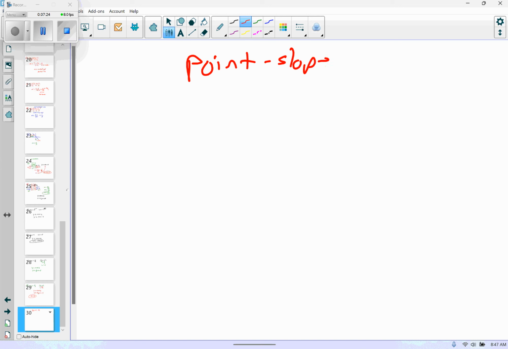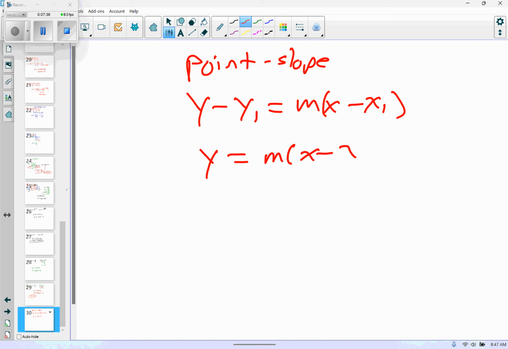Point slope, which is, this is the equation. That's our point slope. Now, sometimes we might modify this point slope. In fact, in this lesson, it'll be done this way. Notice this is a minus y1, so I'm going to put a plus y1 over here. So we have to keep that in mind when we start working these problems.